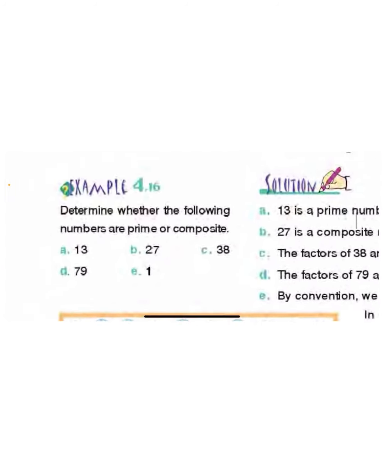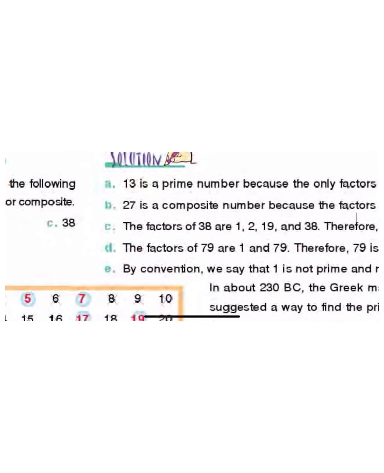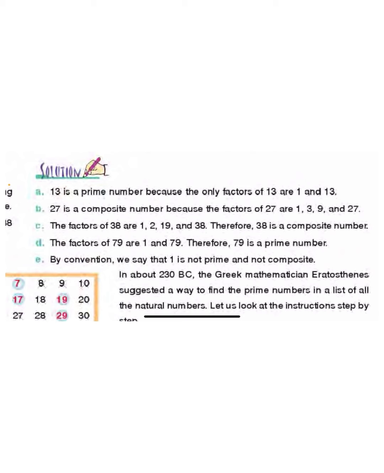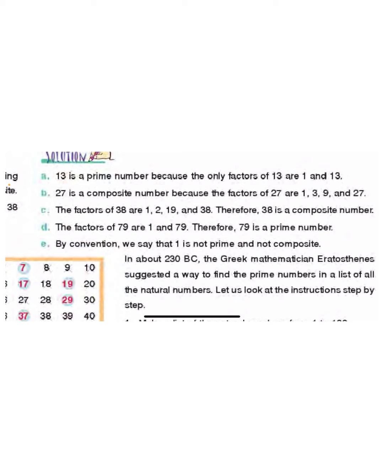For example, 4.16. We have a problem. Determine whether the following numbers are prime or composite. 13 is a prime number because the only factors of 13 are 1 and 13. 27 is a composite number because the factors of 27 are 1, 3, 9, and 27.